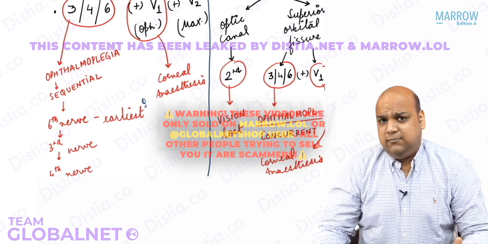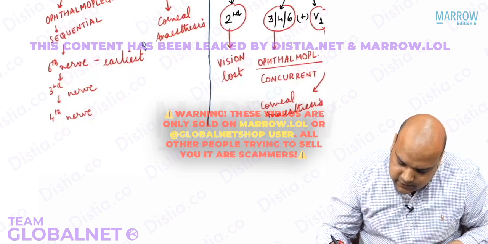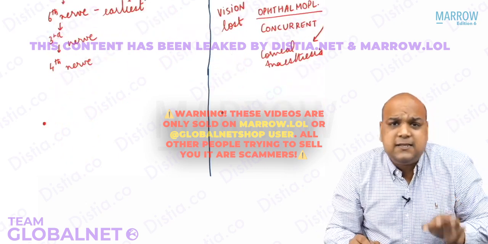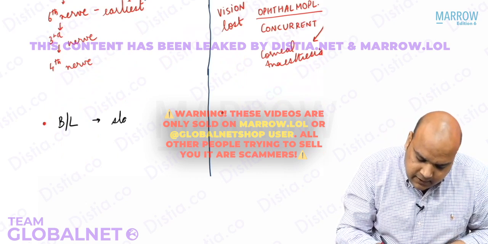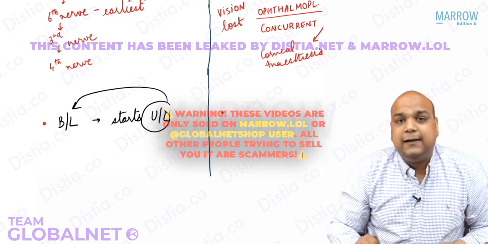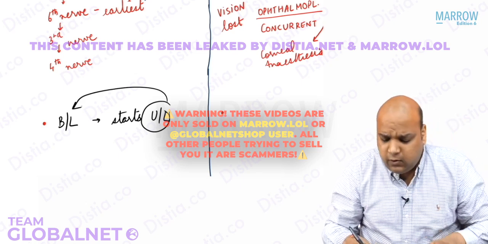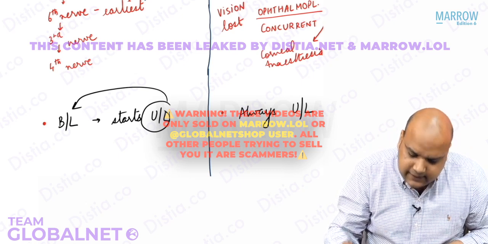and orbital apex syndrome. But if still you are not able to differentiate, then let's see the other points of difference, everybody. Cavernous sinus syndrome is almost always bilateral. It starts unilaterally, but then it becomes bilateral. But orbital apex syndrome will always be unilateral.